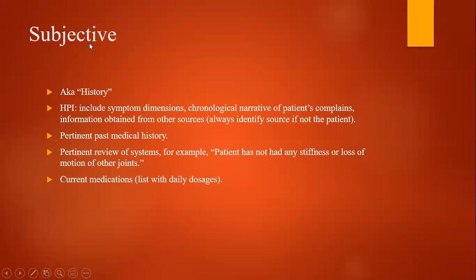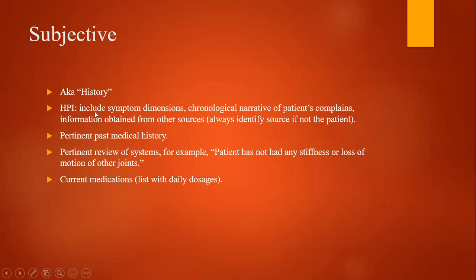Subjective. So, if you want to assess a patient, we always need history taking, or we need to gather all subjective data. Subjective data we can also call history taken from the patient.